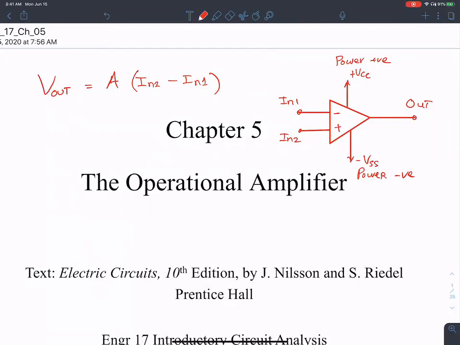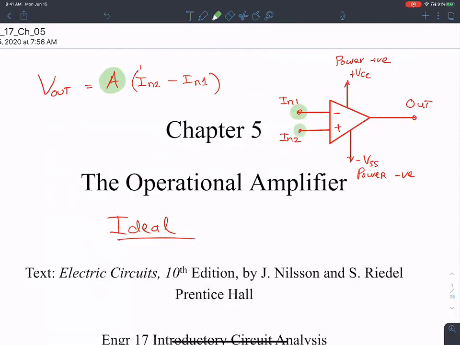The voltage on the output is an amplified version of the difference between the inputs. Okay, that's all there is to it. And it has some very interesting properties we'll talk about. We're going to look at the ideal op-amp in this case. In our class we are going to talk about the ideal op-amp.